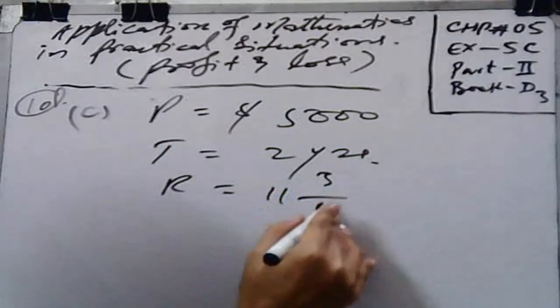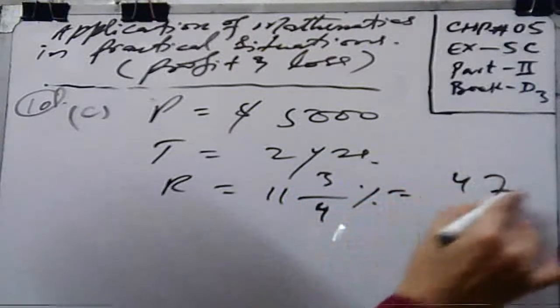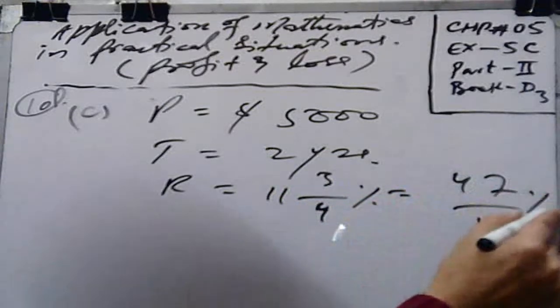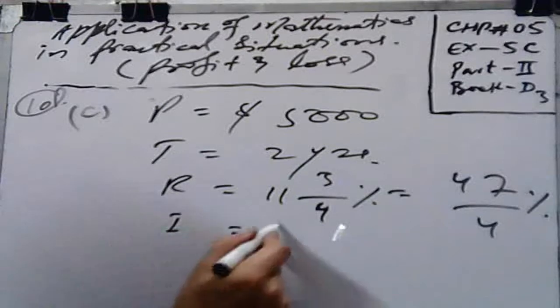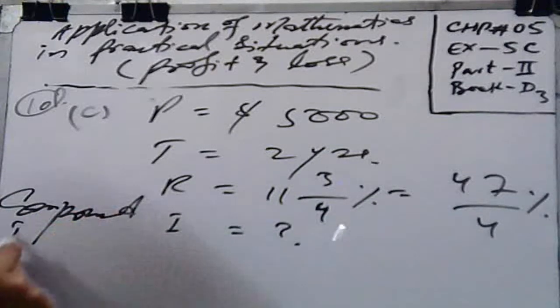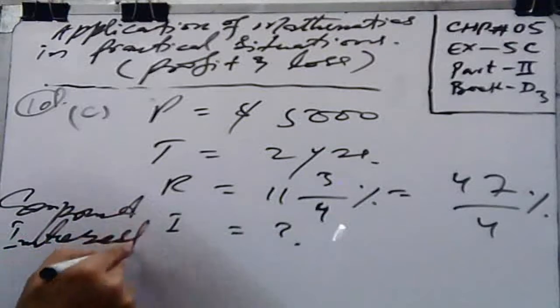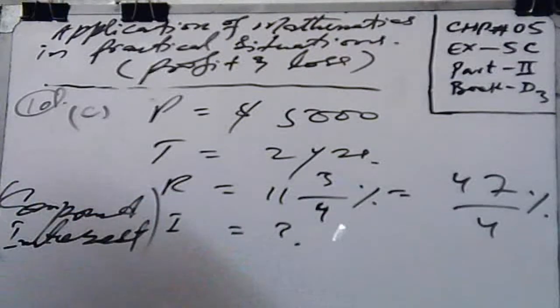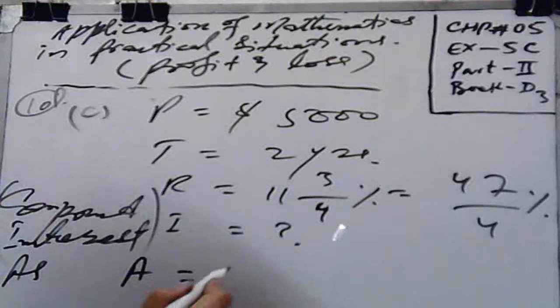Similarly, we have to find compound interest I, as we have a formula, that is A is equal to principal amount 1 plus R by 100, having whole power time period.